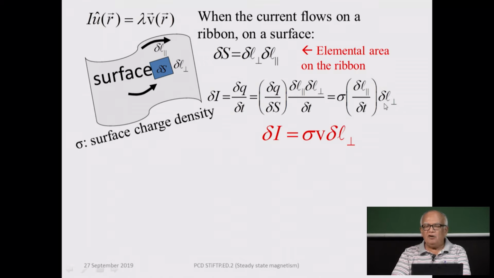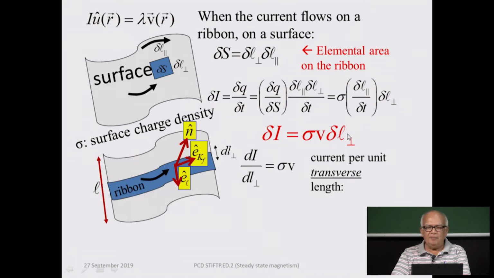So, keep track of the subscripts parallel and perpendicular. If you divide both sides by delta L perpendicular, then you get sigma V, which gives you the current per unit transverse length.